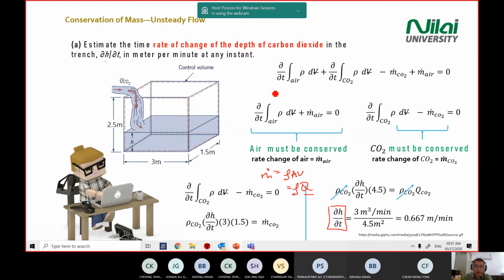One is for the air, one is for the CO2. And this one was focused on the CO2. 0.667 meter per minute, this one referring to CO2 rate of change of depth.